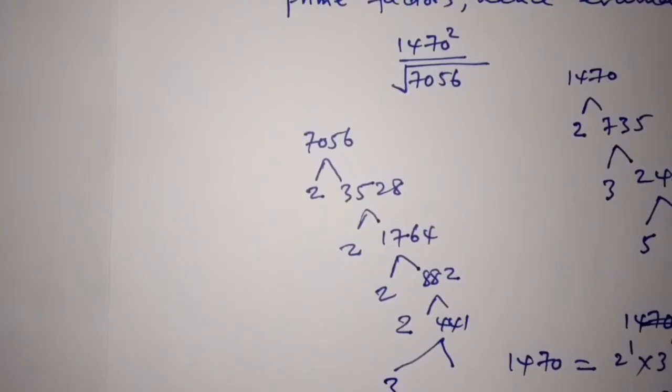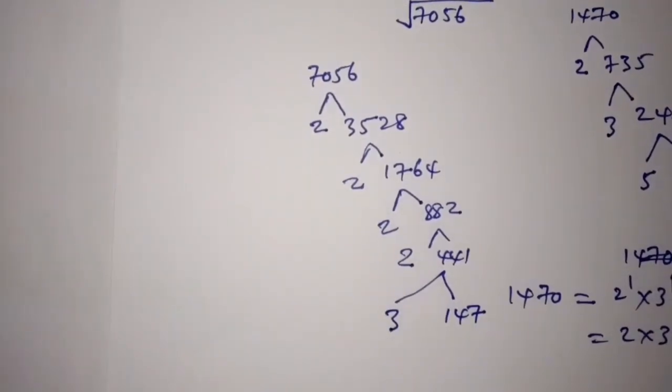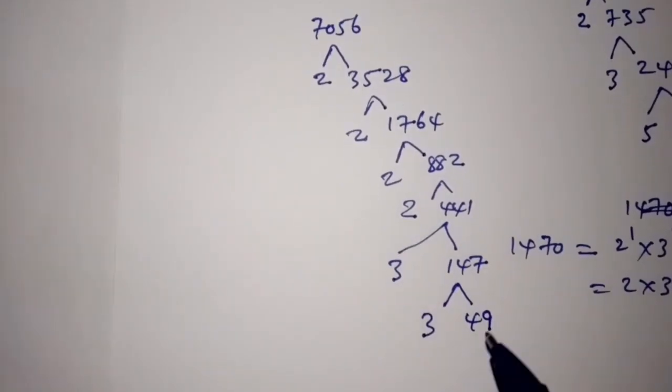3 goes into 441, 147. 3 goes into 147, 49. 7 goes into 49, 7.